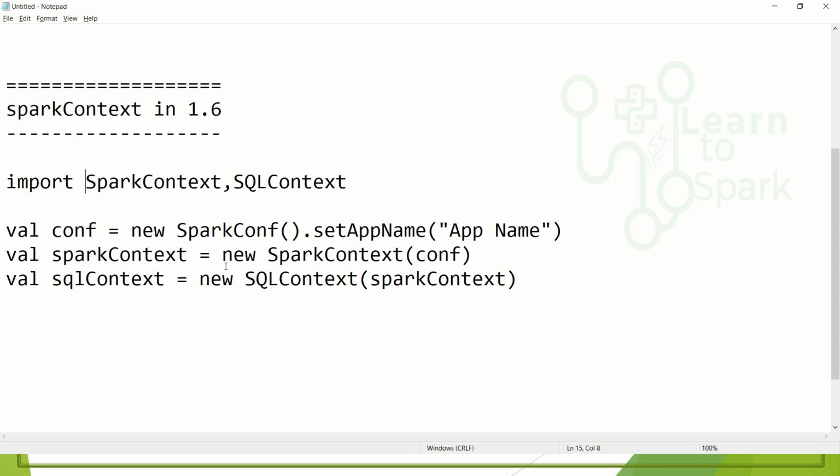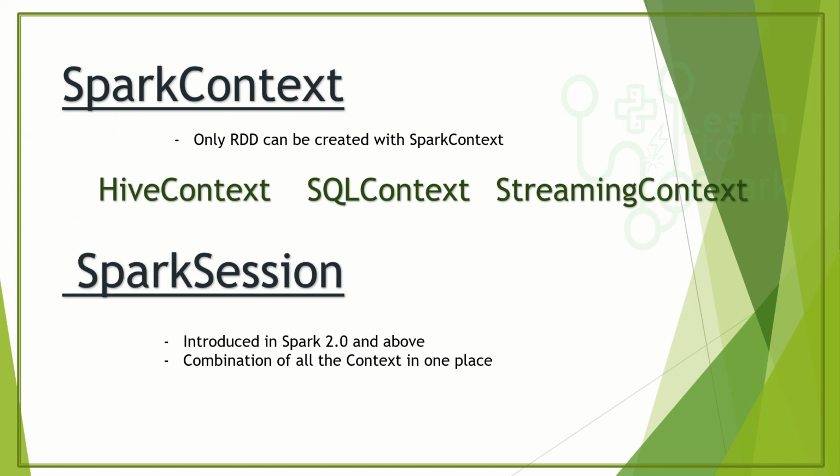After that we have to define a Spark context object, and then separately define a SQL context object. So this is the way we defined it before Spark 2.0. With Spark session, Hive context, SQL context, streaming context, Spark context, everything is encapsulated inside the Spark session itself.